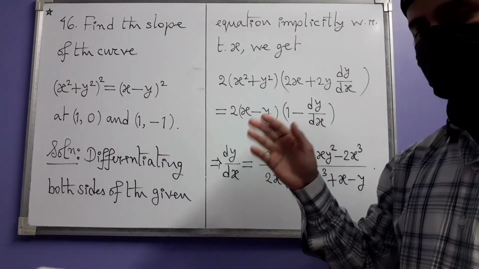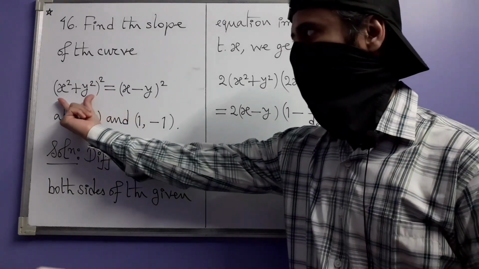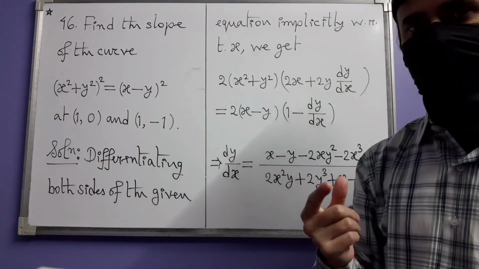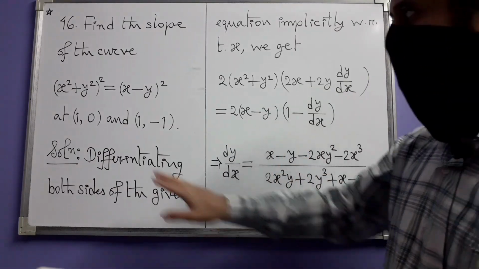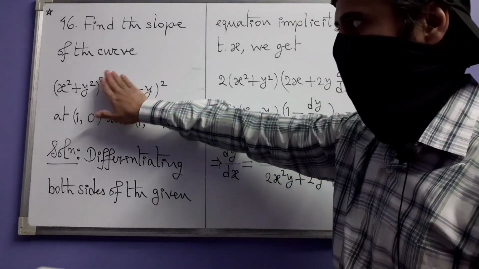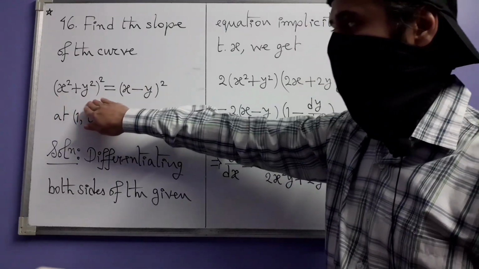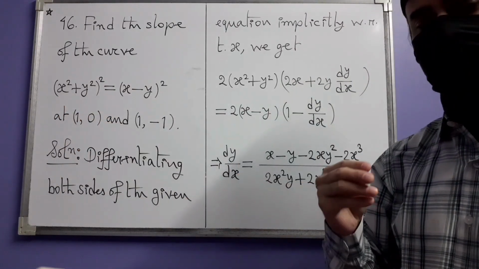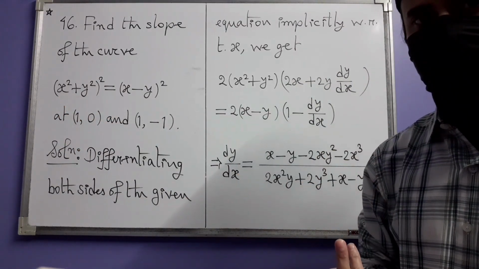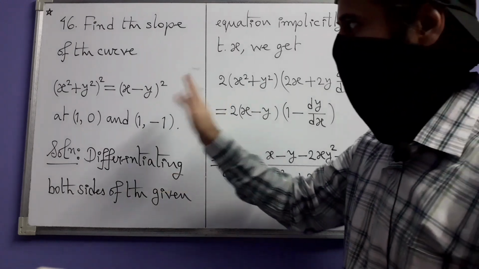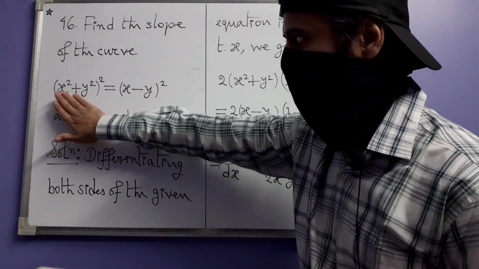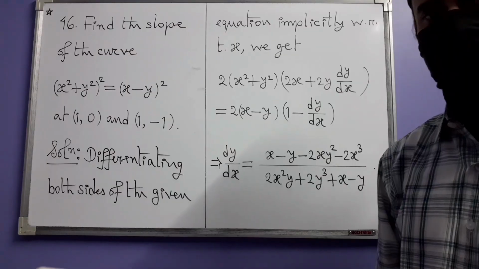So first you differentiate the outer function, keeping the inner function intact. What does that actually mean? It means that you are differentiating the square with respect to this x squared plus y squared, treating it as a variable. In place of ordinary x, you imagine this x squared plus y squared.